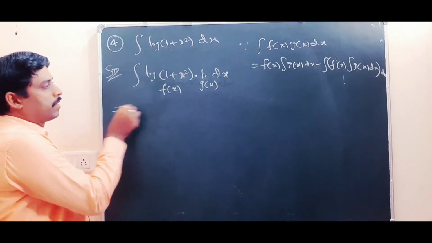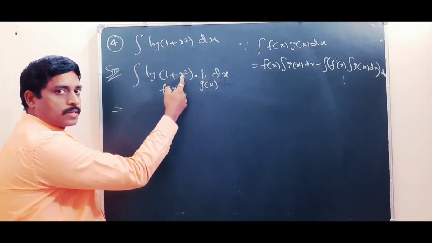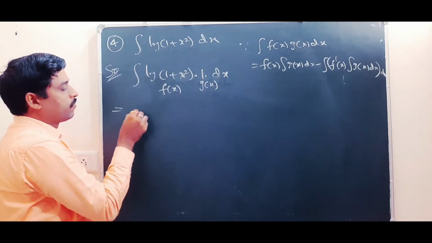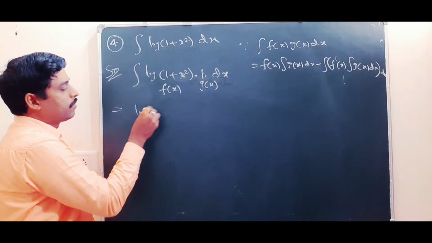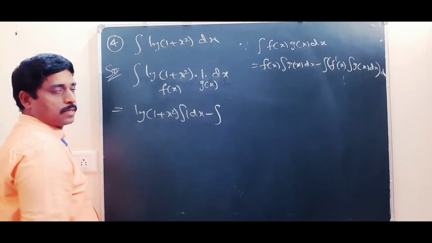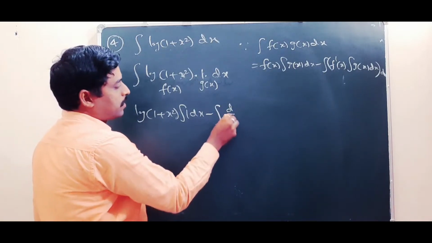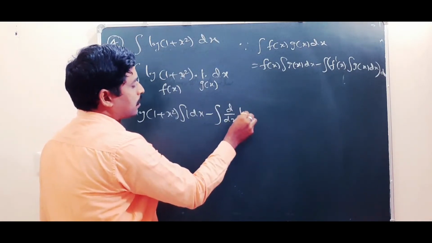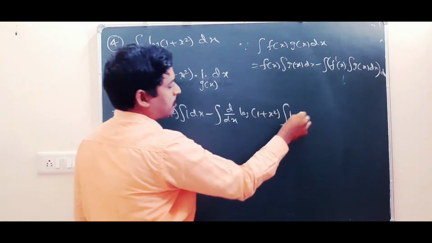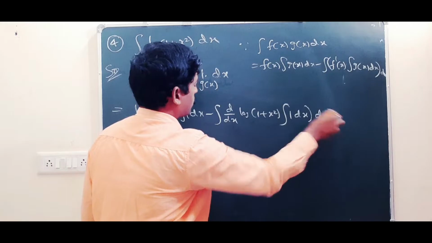Okay, where in the f of x place we write log of 1 plus x square and in the g of x place we write 1. So what is the formula? f of x into log of 1 plus x square into integral 1 dx minus d by dx, differentiation of the first function log of 1 plus x square, integration of the second function 1 dx, whole dx.